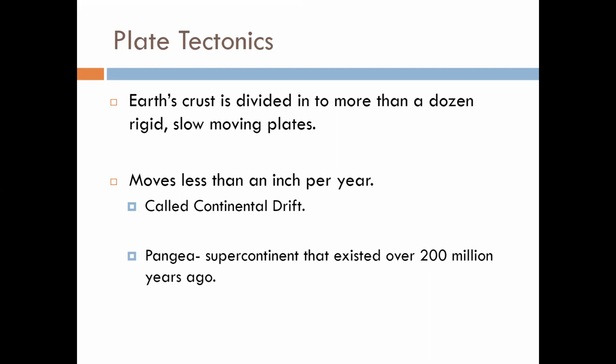Right before all of our continents are where they are right now, they were more condensed, touching each other. They hadn't separated to where they are now. So it's basically called a supercontinent, because they're all connected, and that existed over 200 million years ago.